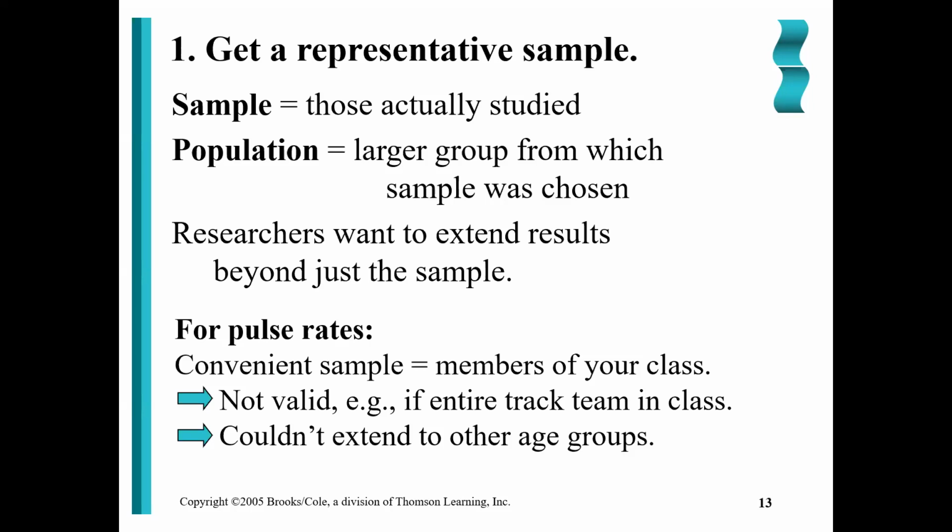Now, when people hear population, it doesn't mean that everybody in the United States. The population could be Rowan University students, or it could be people who live in where I live in Mount Laurel, New Jersey. It could be that particular city's population. So it has to be defined what the population is. And the sample, again, is just a subset of that.